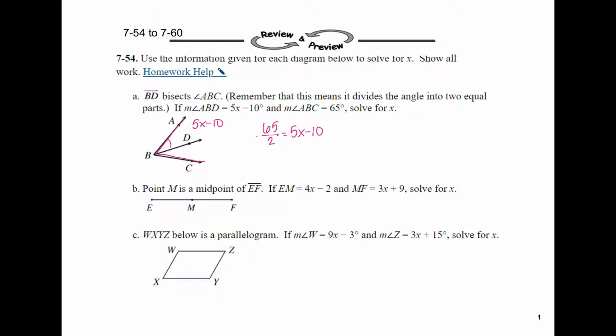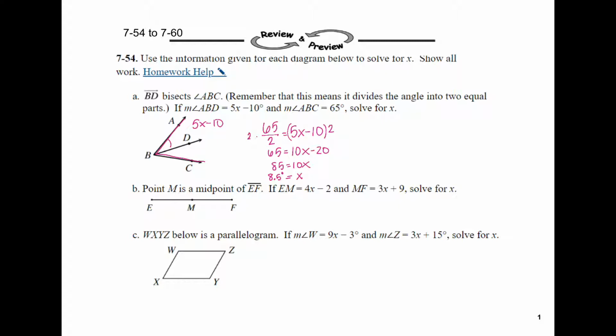The inverse of dividing by 2 is multiplying by 2, so I get 65 is equal to 10x minus 20. The inverse of subtracting 20 is adding 20, so I get 85 is equal to 10x. The inverse of multiplication is division, so x is equal to 8.5 degrees.